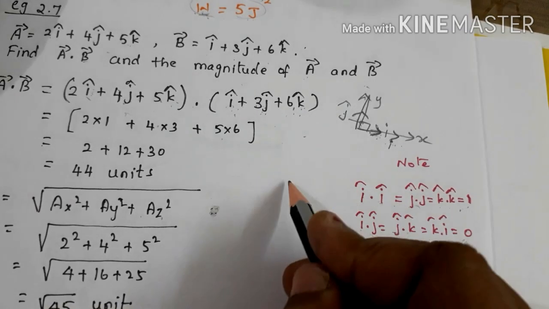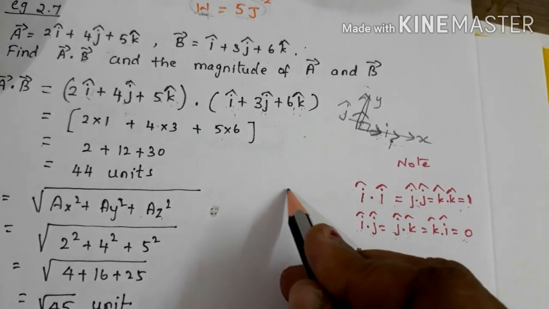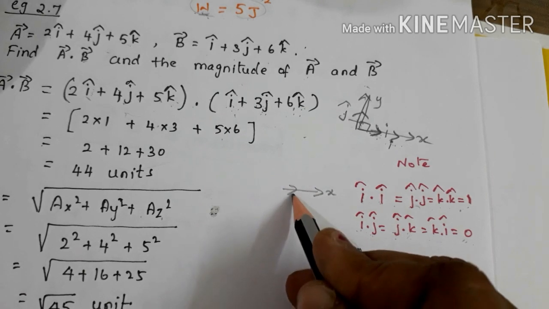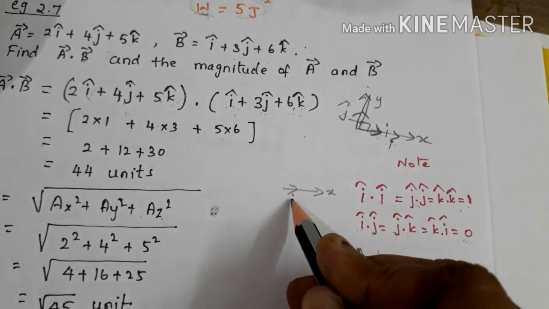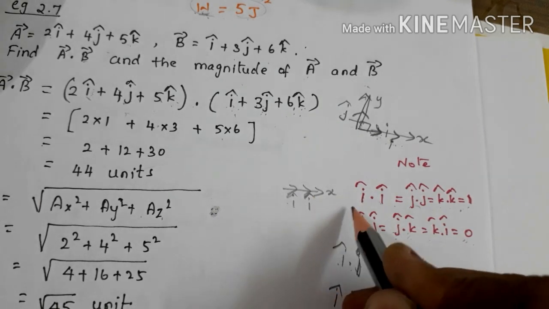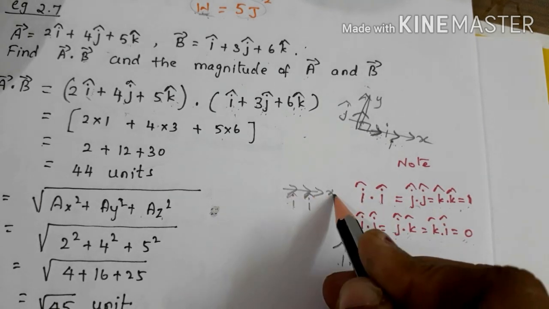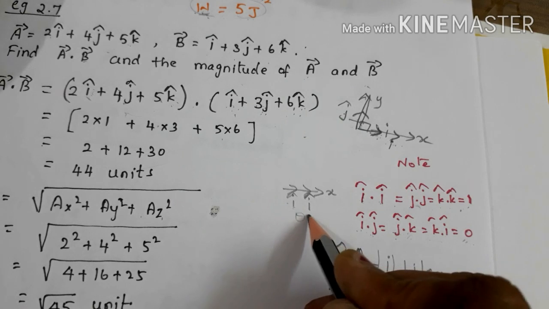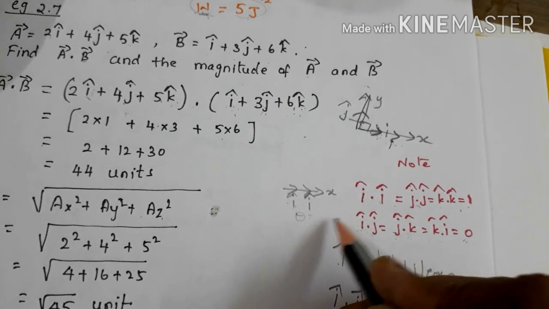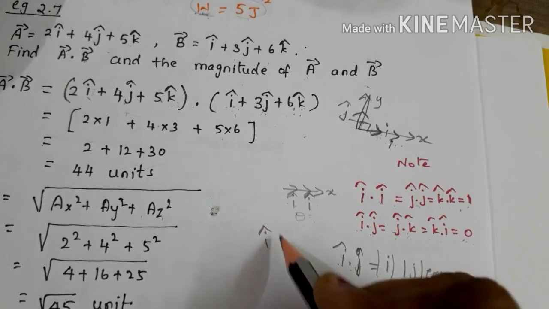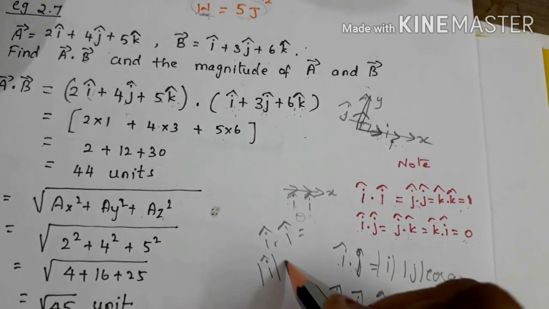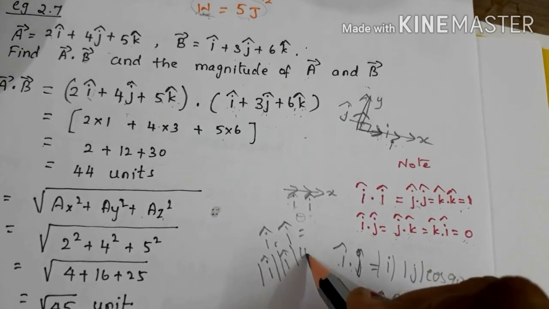Now if you see i dot i, you know that along the x-axis we represent the unit vector i cap. So both i caps are acting along the x-axis. The angle theta between these two will be 0, right? So i dot i is equal to mod i, mod i, cos 0.